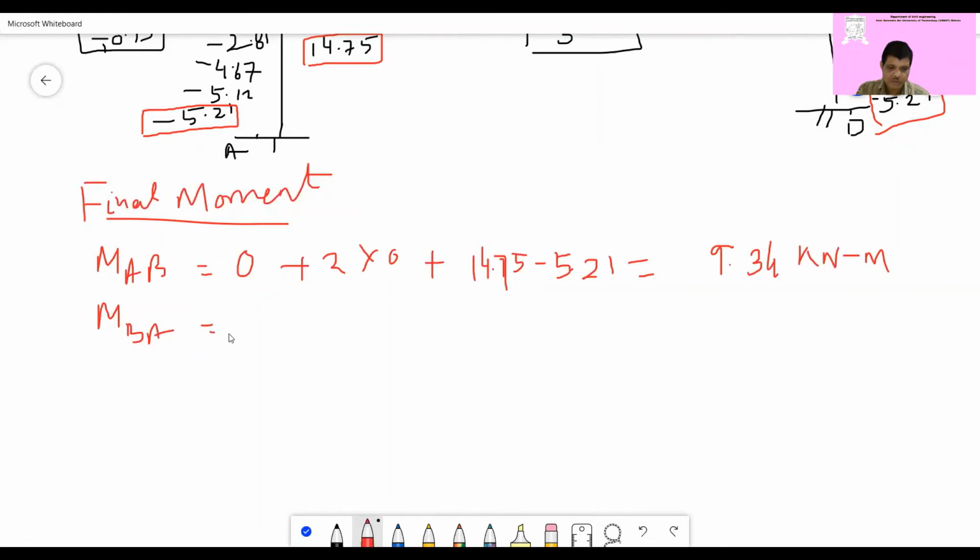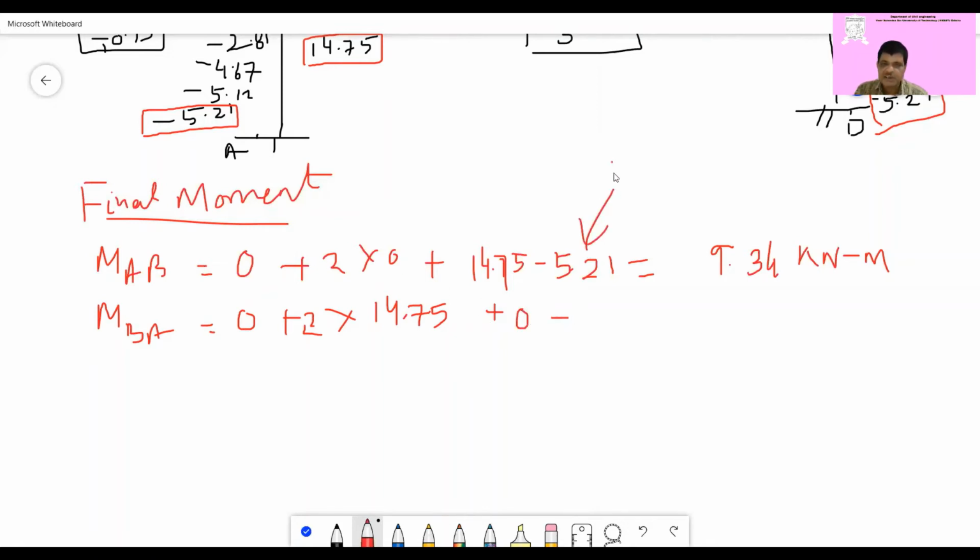MDA is equal to 0 plus 14.75 is the near end contribution, plus far end contribution, which is 0 here. Then minus displacement contribution.